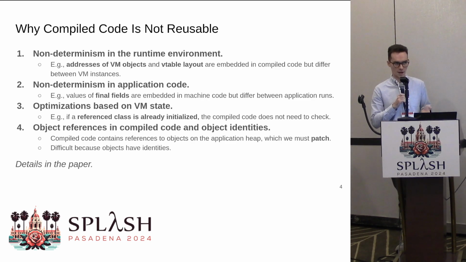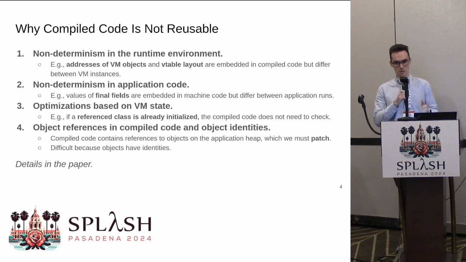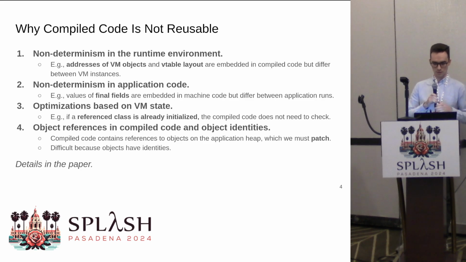So suppose that we have an app that stores the current time in a static final field. Now all the code that reads the value of that field, the compiled code will have the current time embedded in itself. So the next time you invoke that application, the time will change, so it would be incorrect to reuse the code from the past runs.